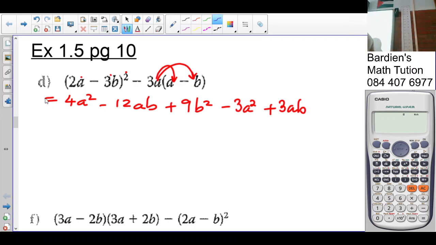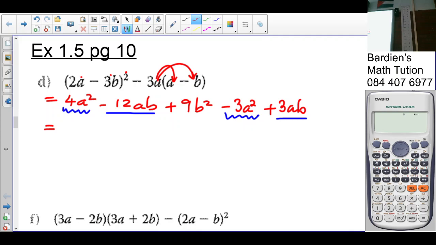Are there any like terms there? Yes. Where are the like terms? 4a squared and negative 3a squared. Negative 12ab and 3ab. And 9b squared on its own. Don't have to group that. Did I have to do the grouping? No, it just makes it simpler.